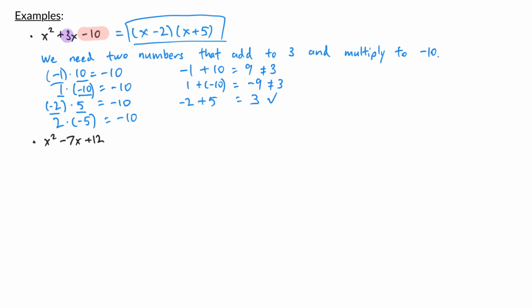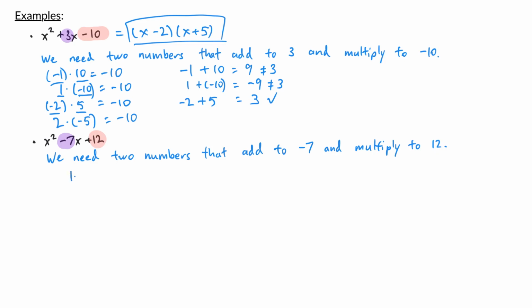In our next example, we want to factor the quadratic x squared minus 7x plus 12. In this problem, our b is negative 7 and our c is 12. So we want two numbers that add up to negative 7 and multiply to positive 12. So I want to start by thinking of pairs of numbers that multiply to 12.